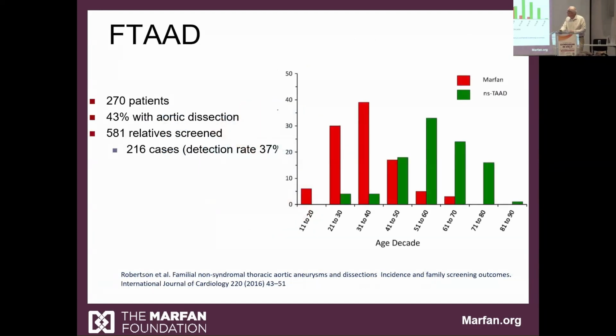And one important difference between this condition and Marfan patients, Marfan in the red, is that the diagnosis tends to be made when the patient is young. But with the familial pattern, more and more the diagnosis tends to be made when the patient is a little bit older.